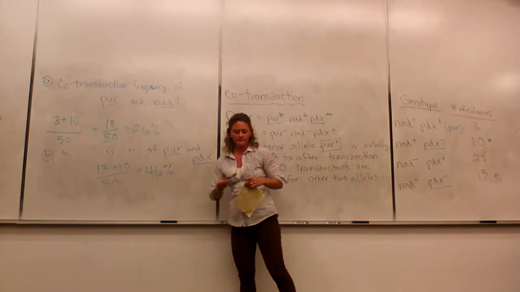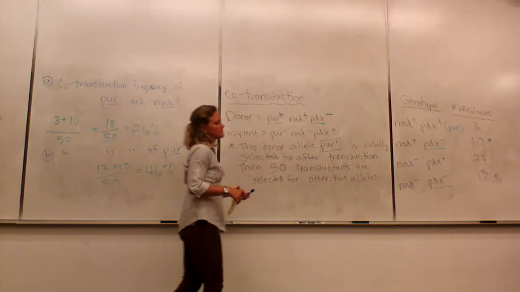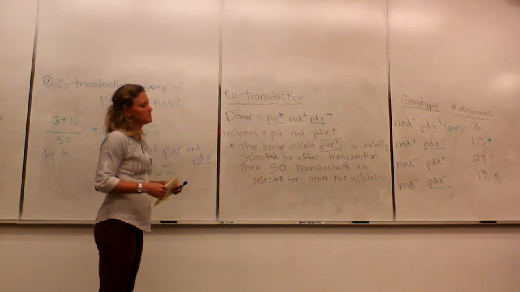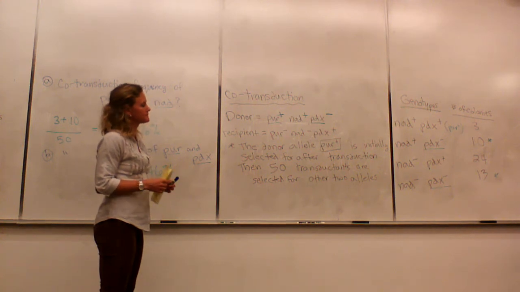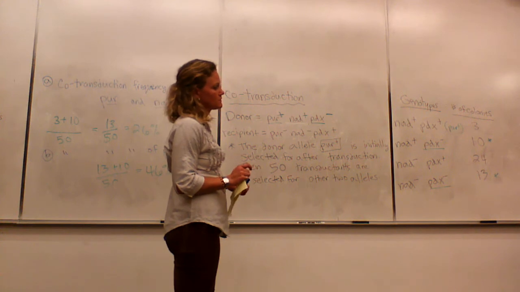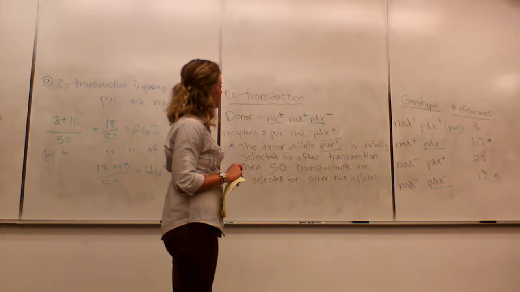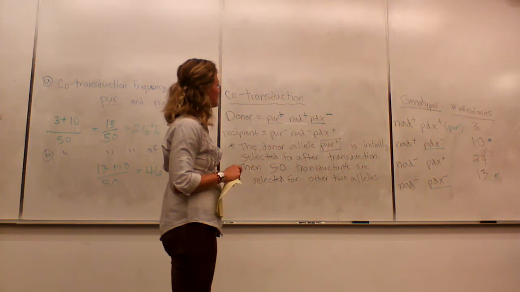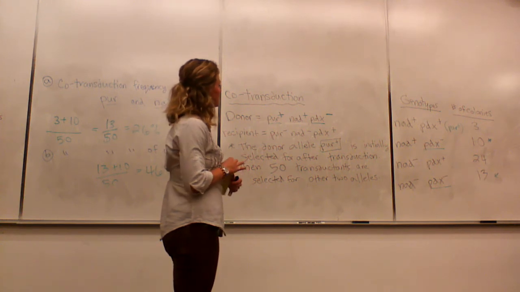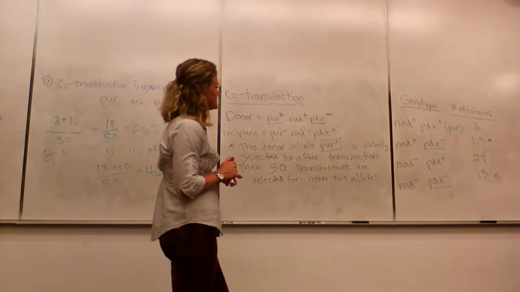Question. Yeah. I was under the impression from the last lecture that after the donor gives to the recipient, it keeps what it can already do and then takes on what it can. I was under the impression that no matter what the donor is, that's what the recipient's going to be. It doesn't keep its ability for PDX plus. I see what you're saying.